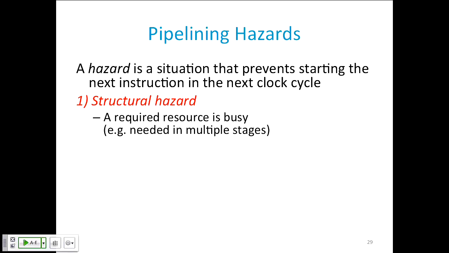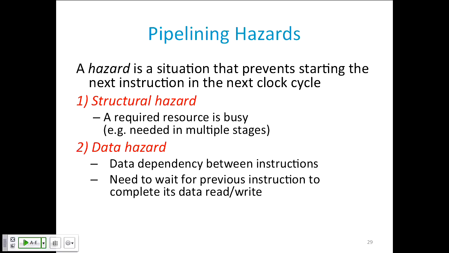It's because 2 instructions are fighting over the same piece of hardware. We also have a data hazard, and this is when there's a data dependency between the instructions. One instruction needs a value that the previous one is producing, and the previous one hasn't produced it yet. We actually had questions about all these hazards already.